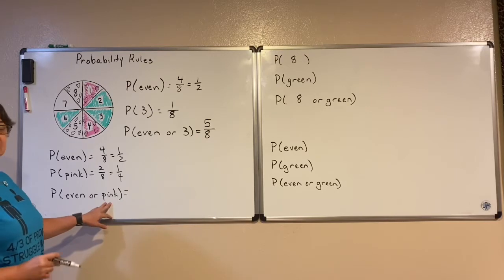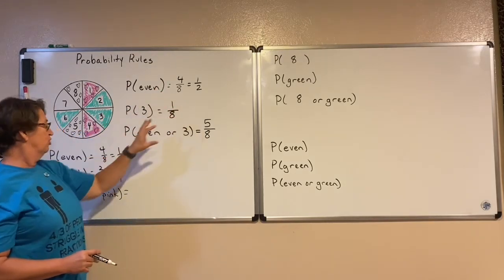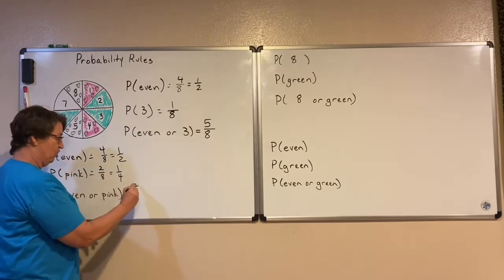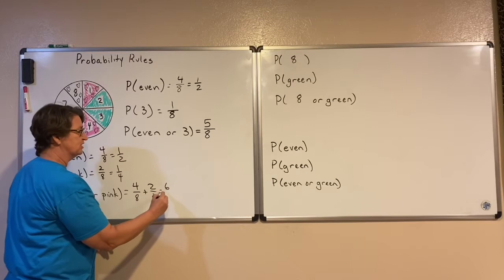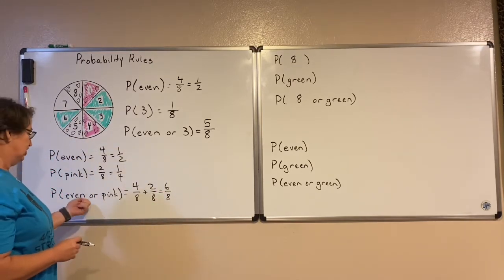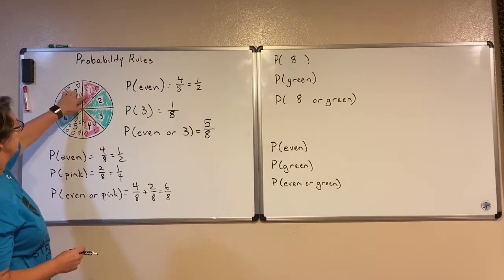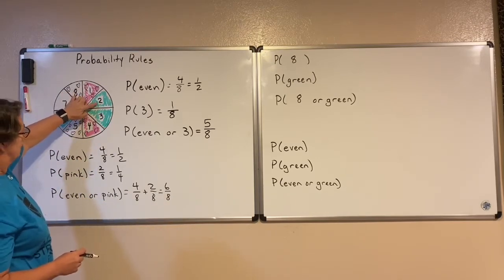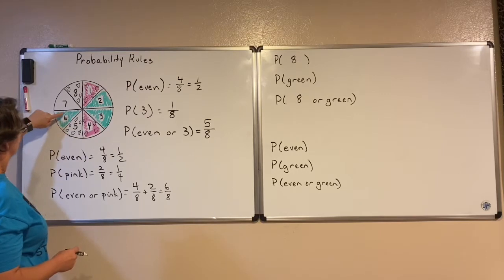Well, if I did like I did before, where I added those together, we would say 4 8s plus 2 8s, which equals 6 8s. Let's see if I have 6 out of 8 chances to get an even or a pink. Let's count them. 1, 2, that's even. 3, that's even and pink. 4, 5.